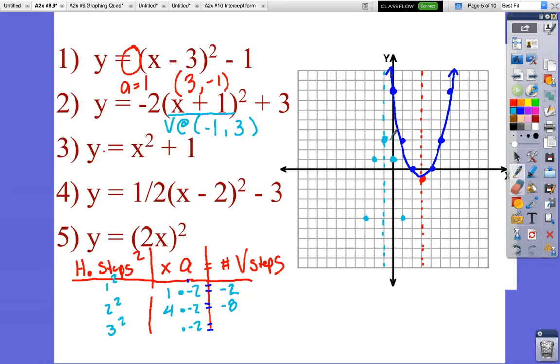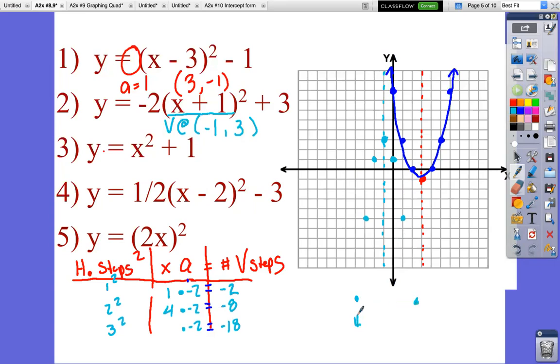What if I took 3 horizontal steps? 1, 2, 3. How many vertical steps would I take? -18. So if I take 1, 2, 3, I'm going to be way down here. And then 1, 2, 3, way down here.